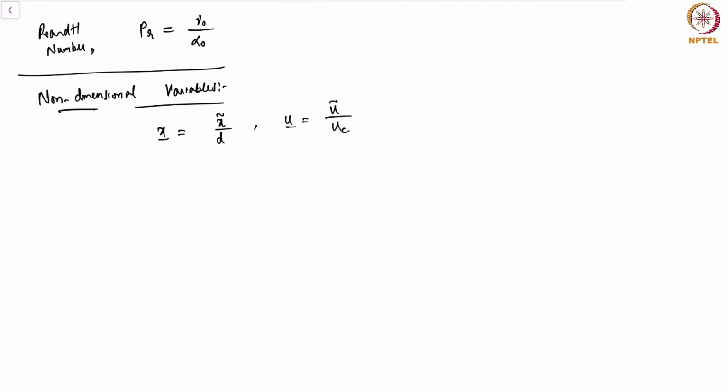This will be the characteristic velocity. We will define the characteristic velocity in a minute, and t will be t tilde by d by uc. Pressure will take it as p by rho naught uc square. And finally we have temperature as well.